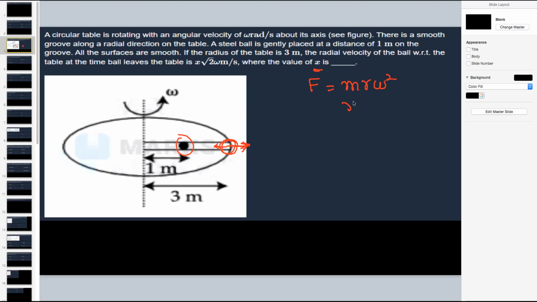Now this r omega square is nothing but centripetal acceleration. So again, what is centripetal acceleration in terms of velocity? Here it is given the radial velocity, v only. The ball leaves with radial velocity. Then you write this in terms of velocity.